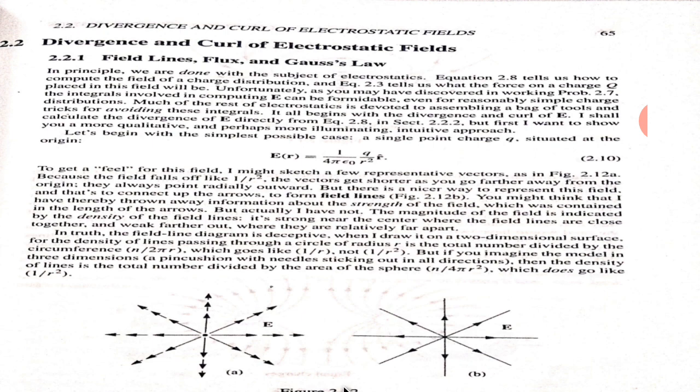Field lines determine the magnitude as well as the direction of the electric field. In particular, the field is strong at points where the field lines are closely spaced and weak at points where they are far away from each other.